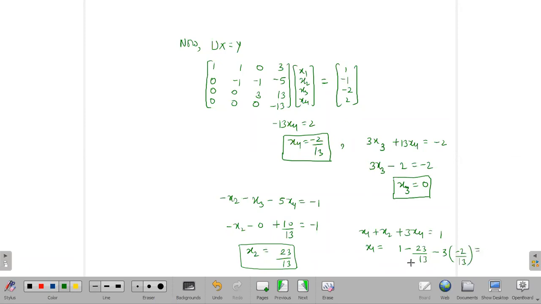So it will be 1 minus 17 by 13, so it will be minus 4 by 13.